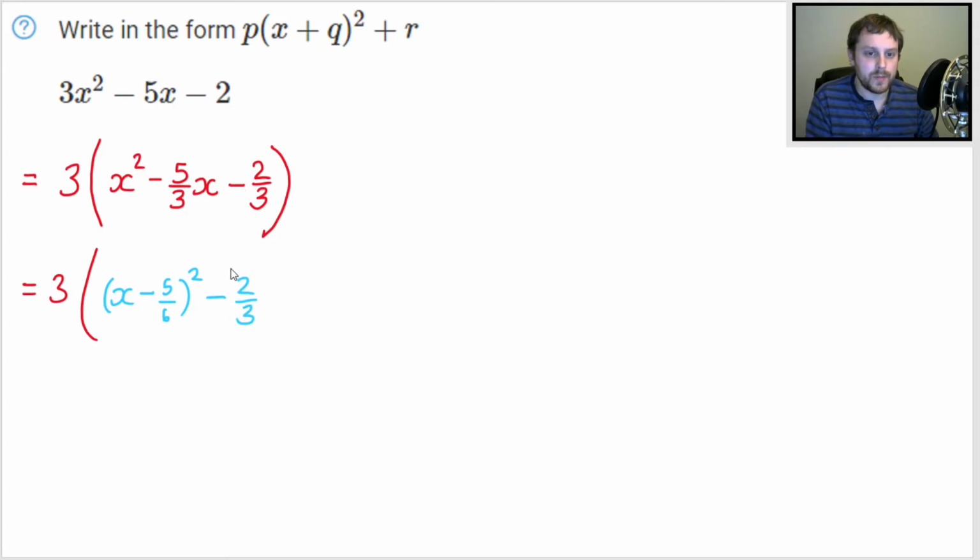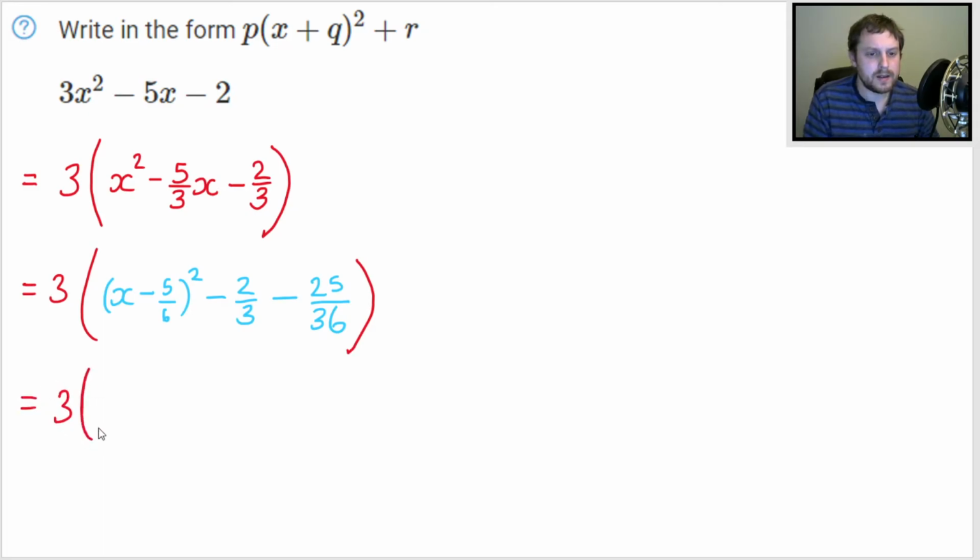Right, that still comes down here. And then what's minus 5/6 squared? Well, it's 25 over 36, and I'll have to take that away. So minus 25 over 36. And then close this big bracket.